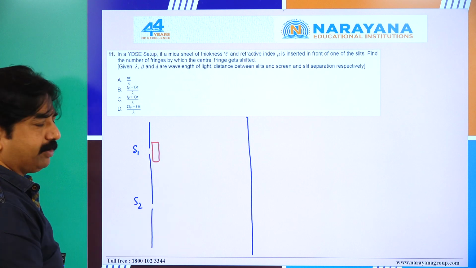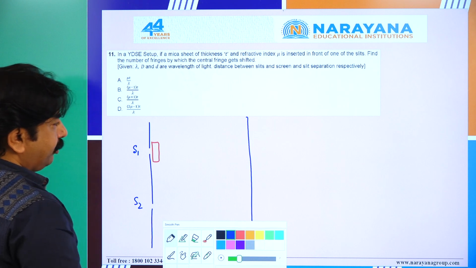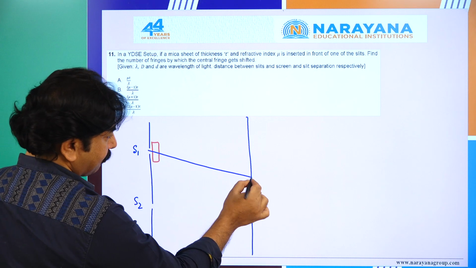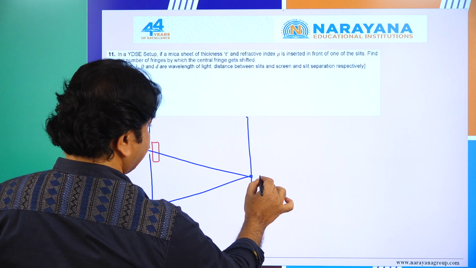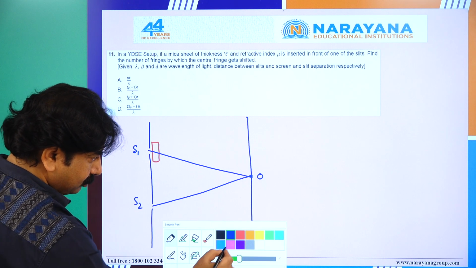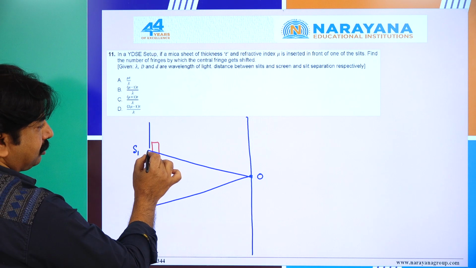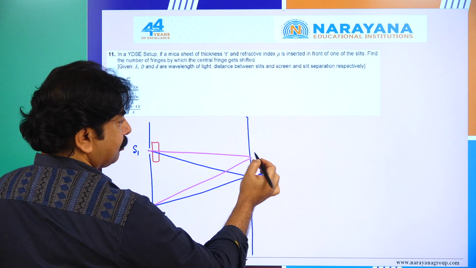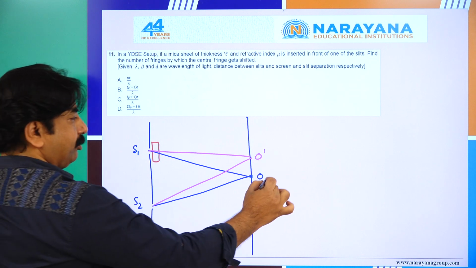The mica sheet is placed on one of the slits. Without mica sheet, after the mica sheet, okay, now the shift one we have to calculate.